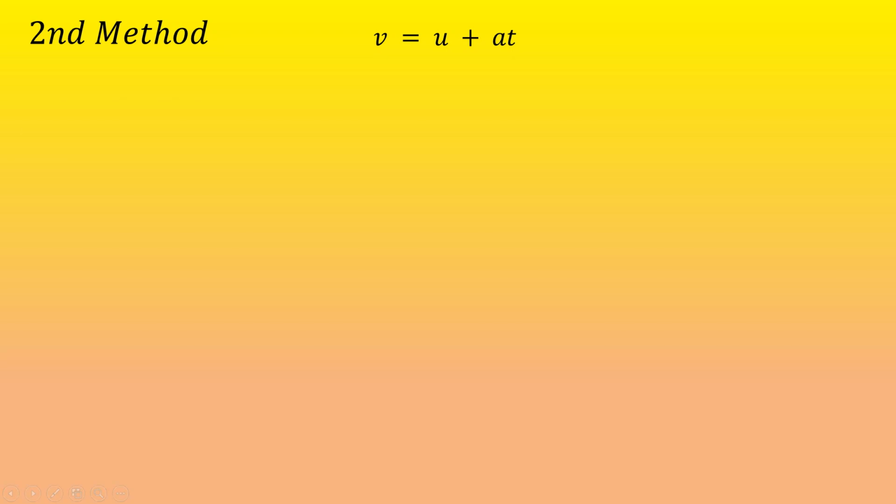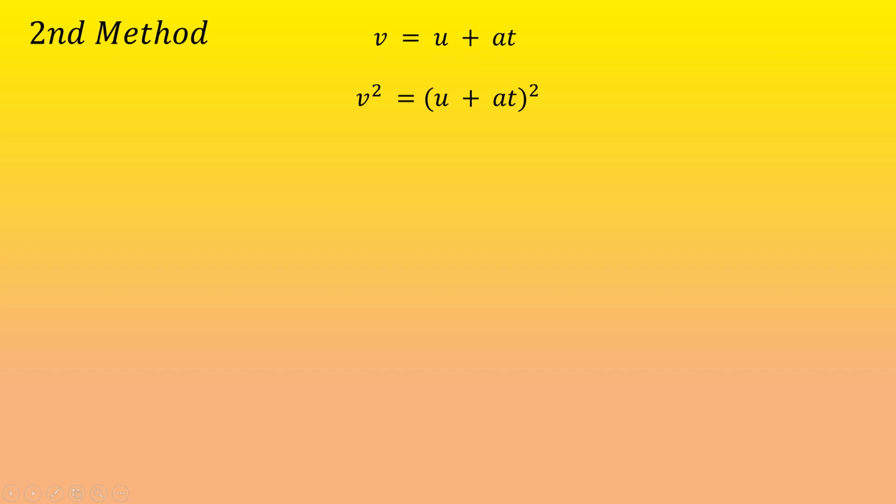When I take the square on both the sides, I'll get v square is equal to u plus at whole square. Just now in the previous slide I have discussed this; if you have any doubt, go back and listen. This is in the form of a plus b whole square, where a is u and b is at.